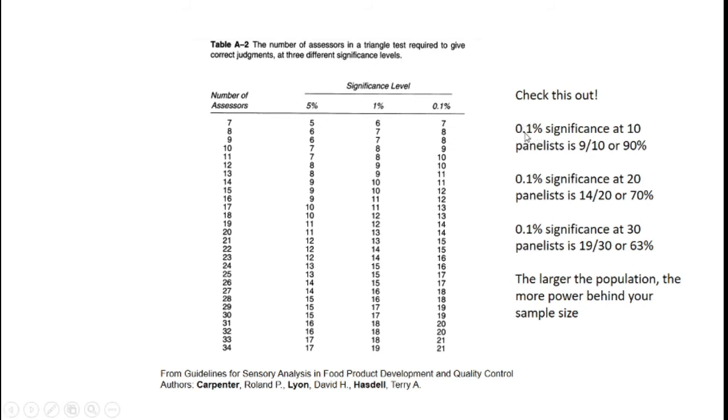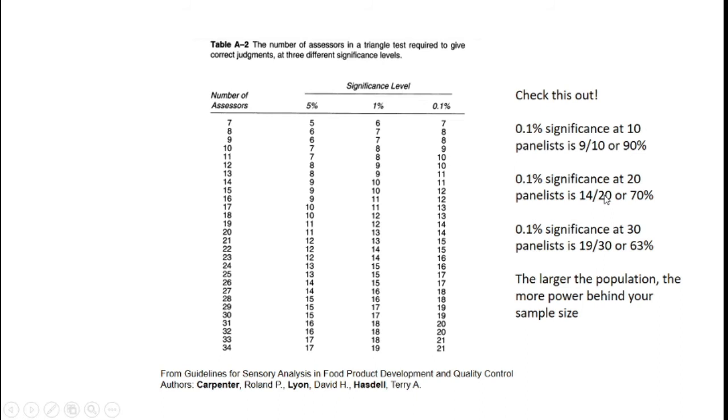Check this out. I'll explain to you what the significance means in a moment, but at 0.1 significance, if we have 10 panelists, that's 9 out of 10. That means you need 90% of people to correctly discriminate the samples to be confident at 0.1% error.